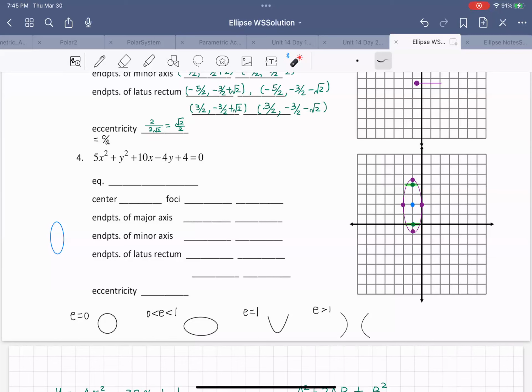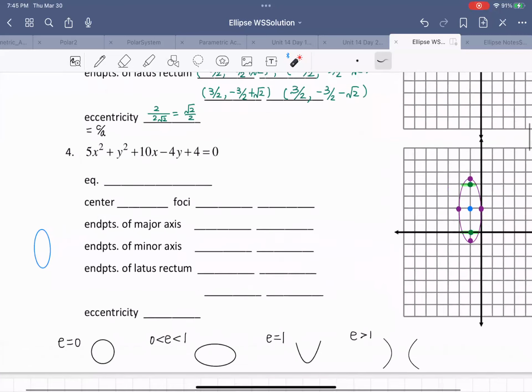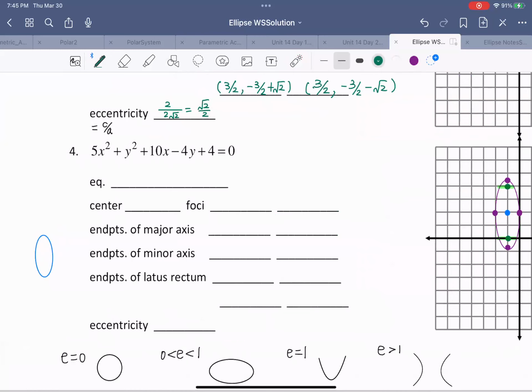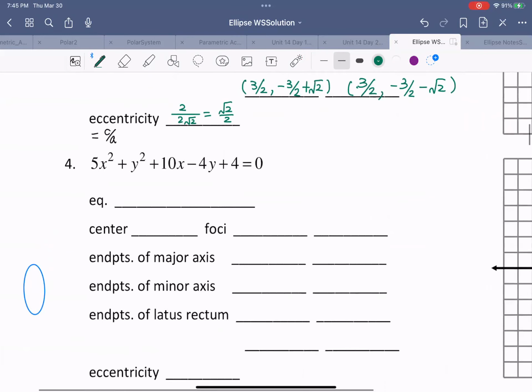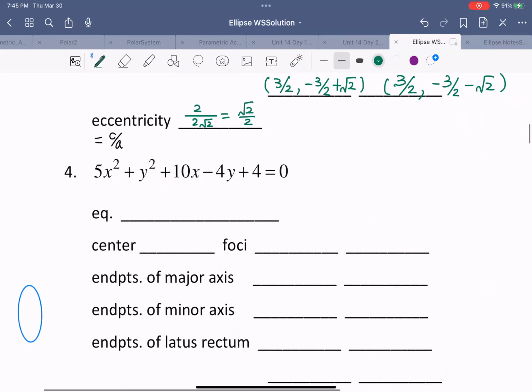Andrea, unmute yourself. Let's do this together. So we first take care of the x, okay? 5x squared plus 10x, correct?